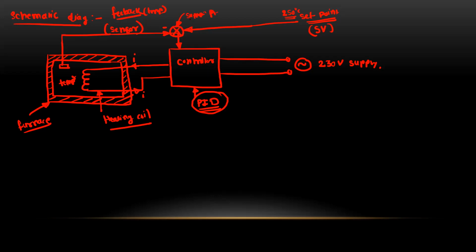So this summing point will generate the error signal by comparing the set value and the actual value. Okay, so basically the sensor will supply the process value. Process value means the temperature in the furnace. Okay, and the difference between the set value and the process value will generate the error signal.